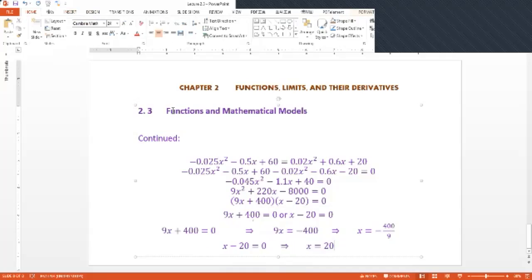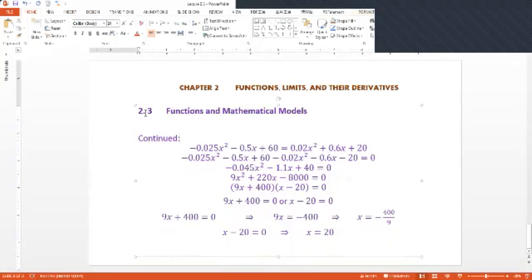So we got two solutions for the problem, but remember x is the number of sales, so it cannot be negative. So the only solution that makes sense is x equal to 20.